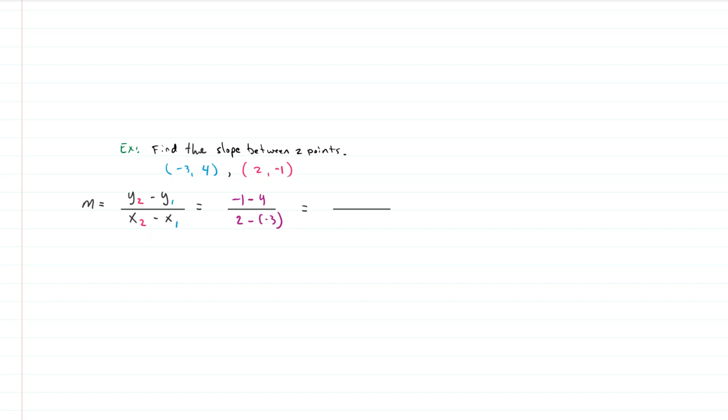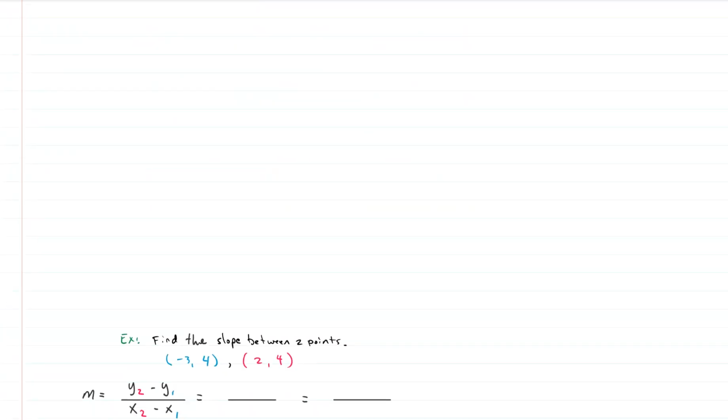Here we get -5 over +5, which gives us -1. That's a negative slope. Above we had a positive number, as a result, that was a positive slope. This is a negative number, so we have a negative slope.